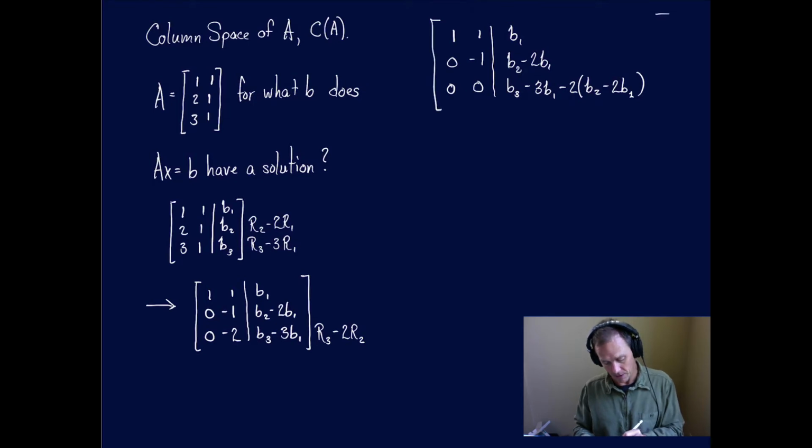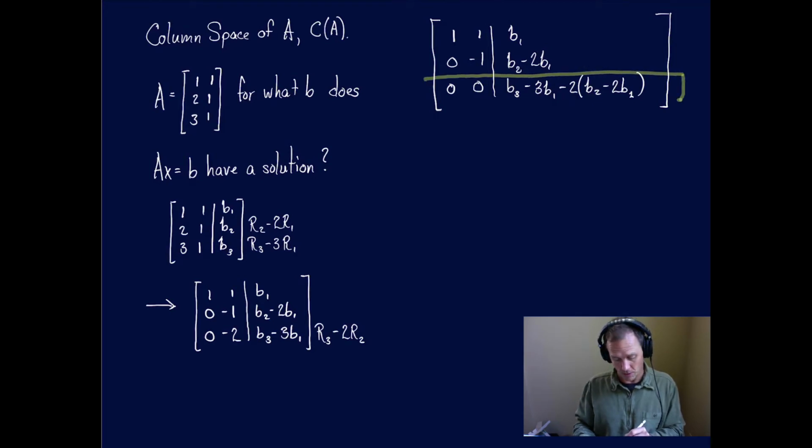Okay. It actually tells us quite a bit. Well, what does it tell us? Notice this last line, this bottom line, row 3. Row 3 is the row of concern because of this, and I'll try to explain this.